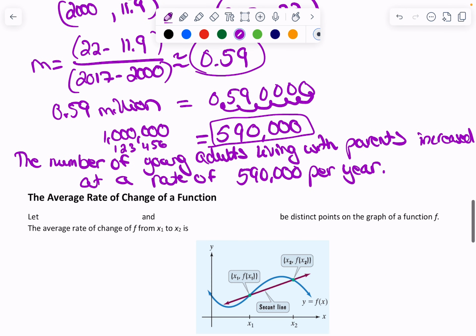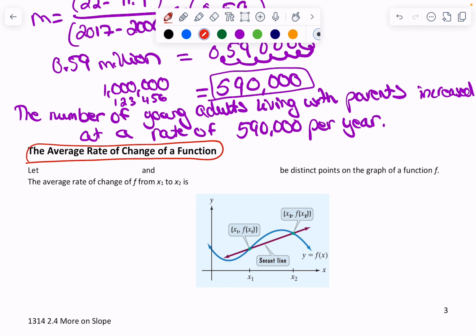Okay, next we're going to look at the average rate of change of a function. So let x1, f of x1 and x2, f of x2, which we can see here in the graph, be distinct points on the graph of a function f.